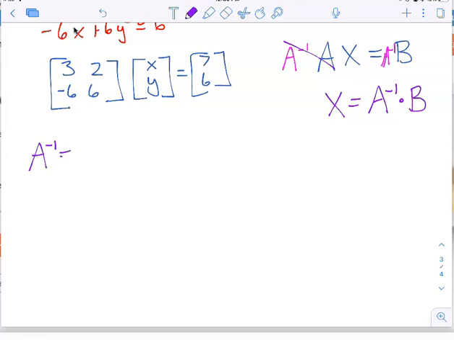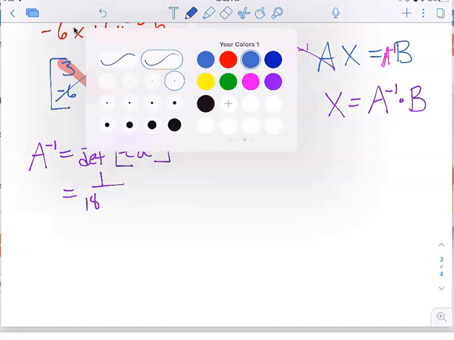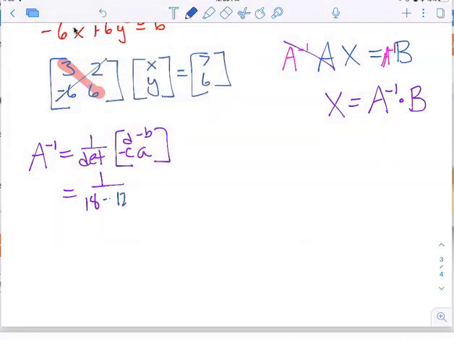So if you remember from before, our inverse is 1 over the determinant, and then we swapped these. So for A, we'd have 1 over our determinant here, so 3 times 6, so 18, minus negative 12, and if we swap these, we have 6, 3, negative 2, and 6.